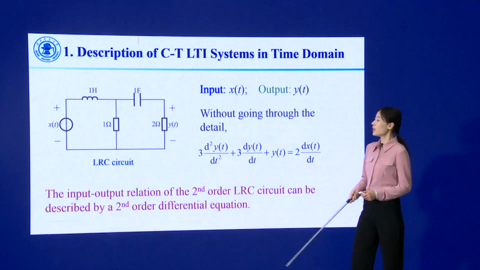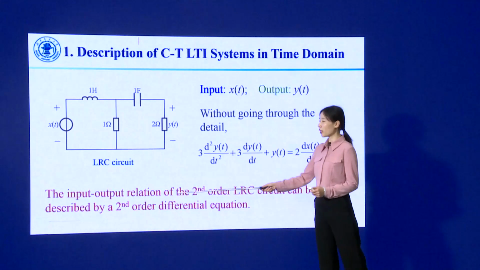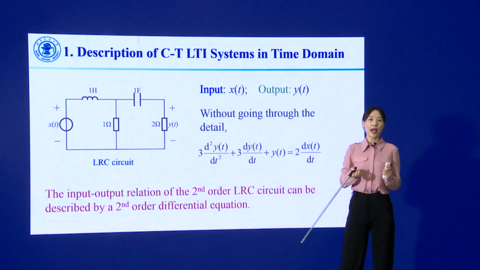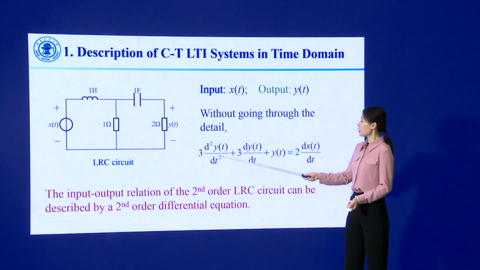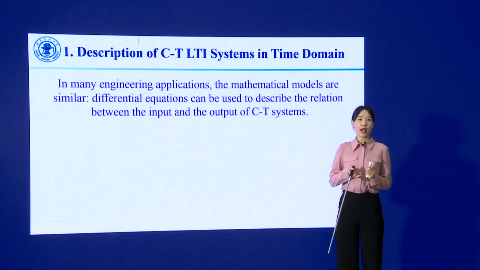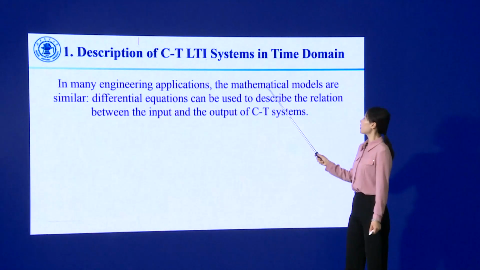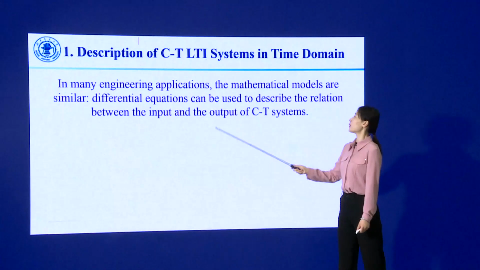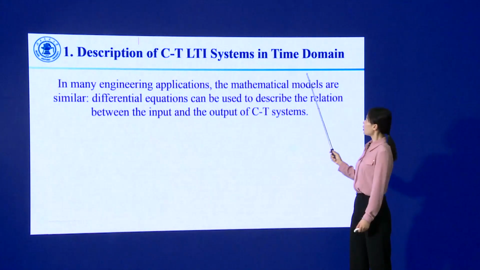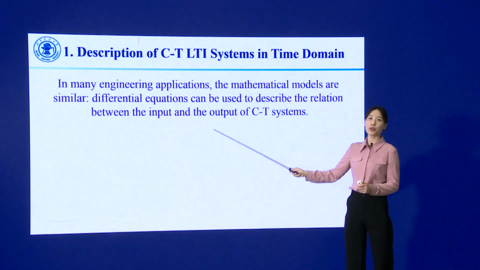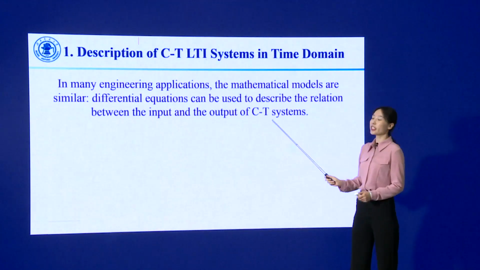That is to say, the input and output relation of the second-order LRC circuit can be described using the second-order differential equation. In many engineering applications, the mathematical models are similar differential equations, and we can use the differential equation to describe the relation between the input and output for CT systems.